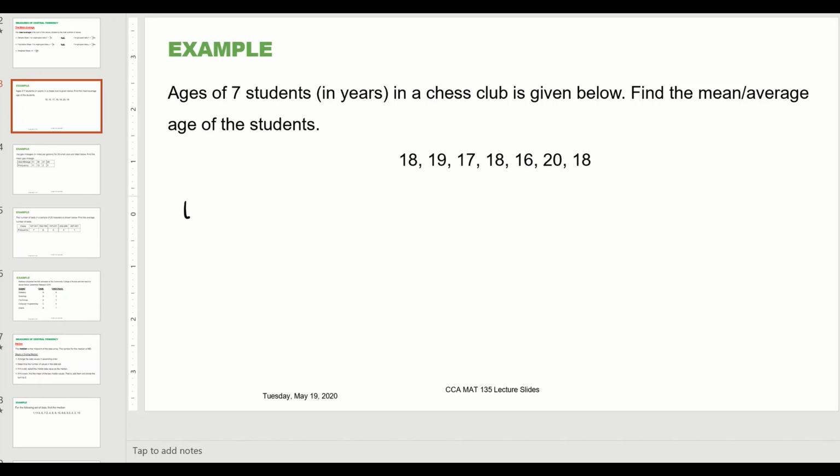First, we are going to write our formula. We know that the mean is the sum of x divided by n. That means you are adding all the given values.